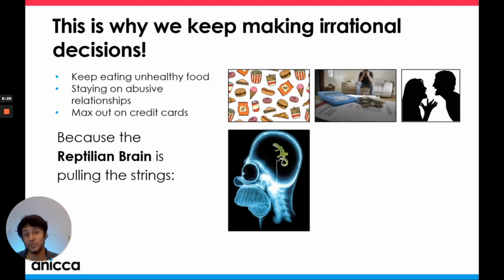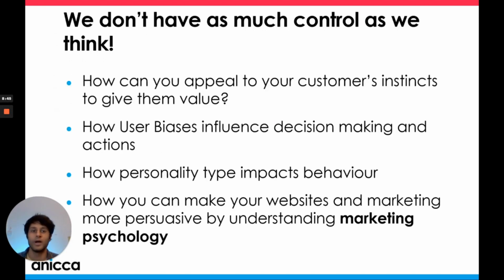And this is the reason why we keep making irrational decisions, like we keep eating unhealthy food, we stay in abusive relationships, we max out on credit cards. That's because the reptilian brain is pulling the strings. So we clearly don't have as much control as we think.